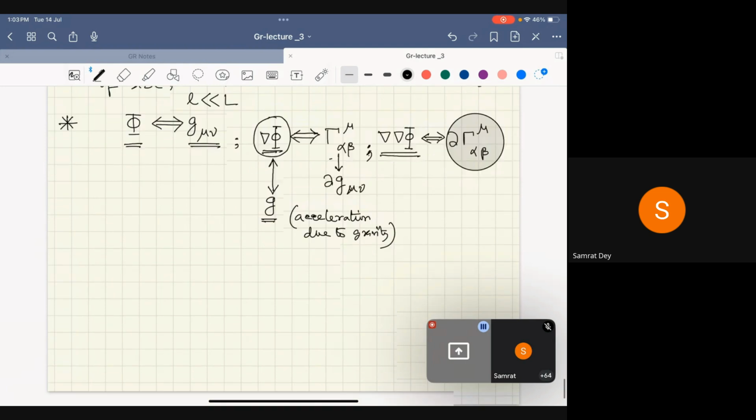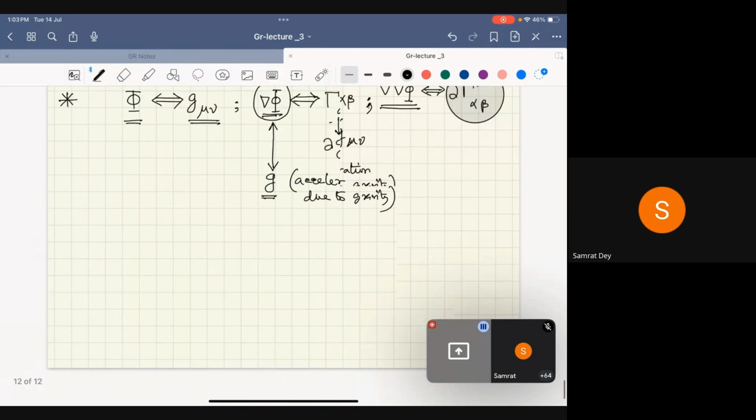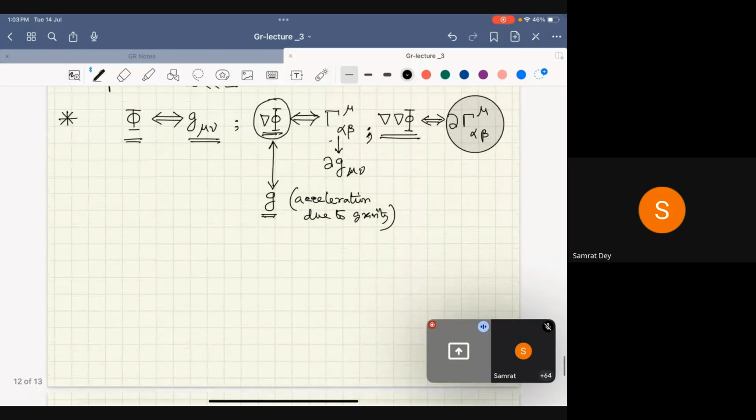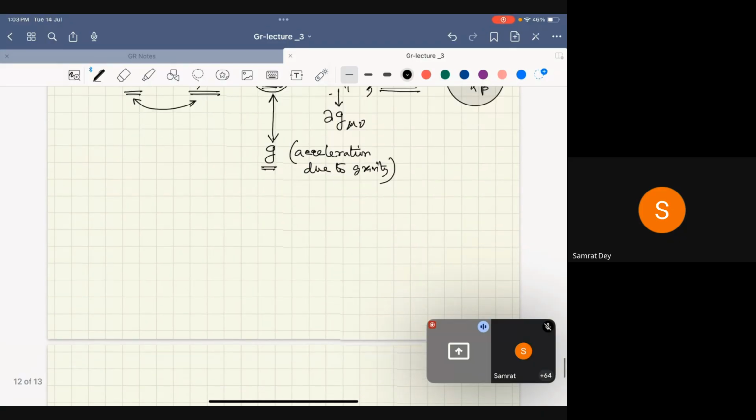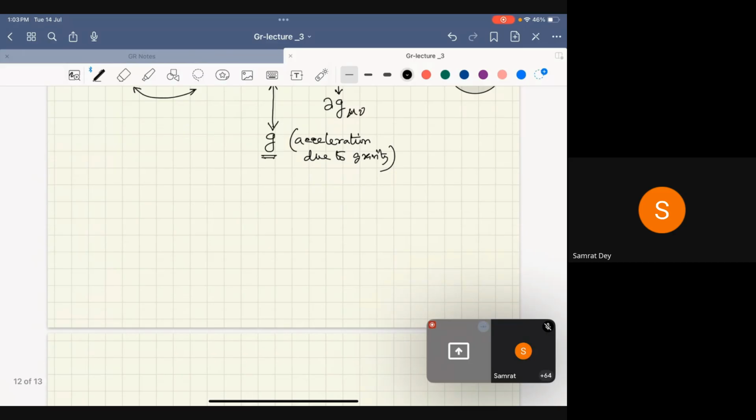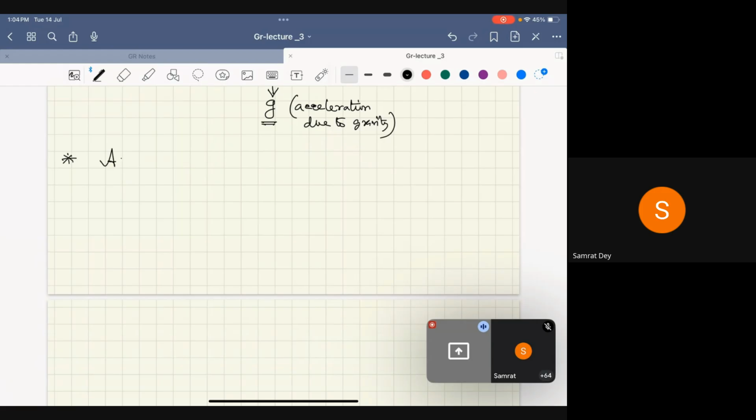Okay, so let me do a small digression and tell you why this phi should be related to the metric. It is true in the non-relativistic limit, so in the Newtonian case. Recall that in special relativity, we wrote down the action as minus m square root of minus eta mu nu dx mu dx nu, which was nothing but minus m square root of minus ds squared.